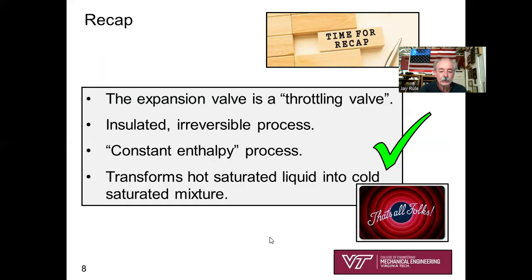And that is quite true as long as there's no change in kinetic energy. And what's the purpose of the expansion valve in the refrigeration cycle? It transforms hot saturated liquid at a high pressure into a cold saturated mixture at a lower pressure. So those are the keys. Those are the key things about analyzing the expansion valve.